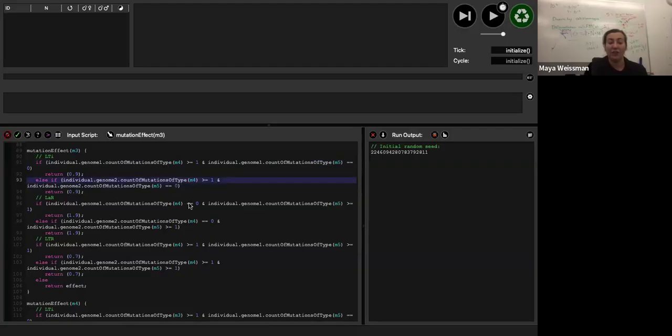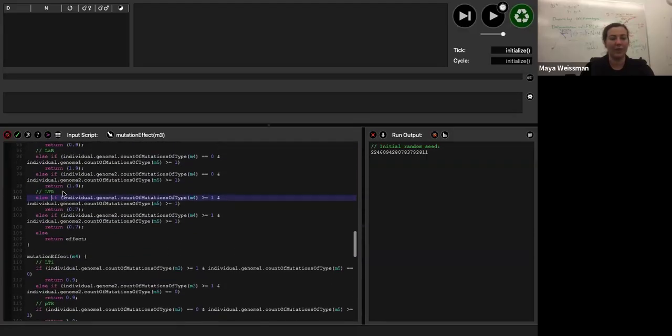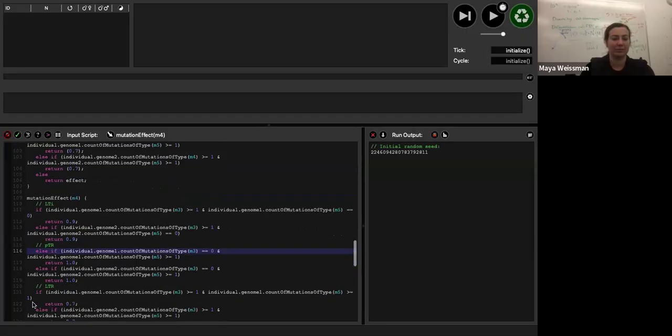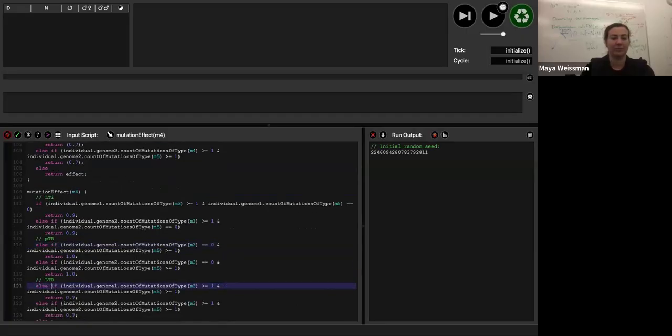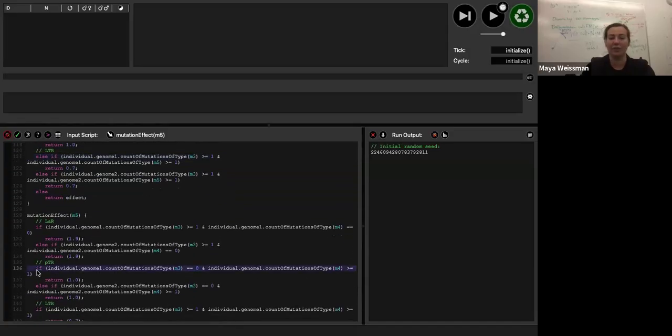Then if they don't have M4 but do have M5, and finally if they have M4 and M5, both. And I did that for all of them. I'll upload this code because it's a lot.